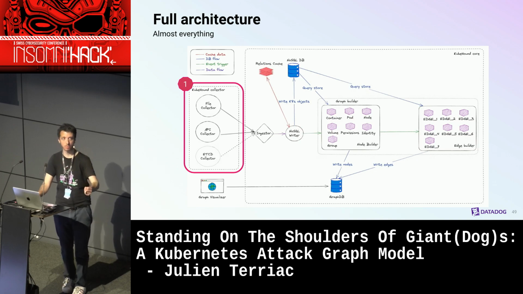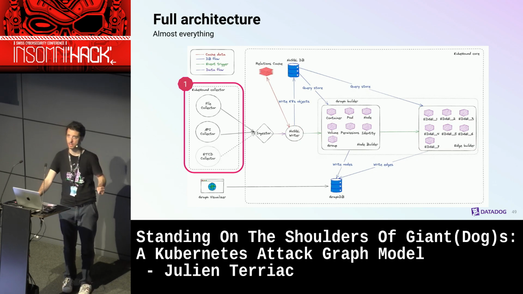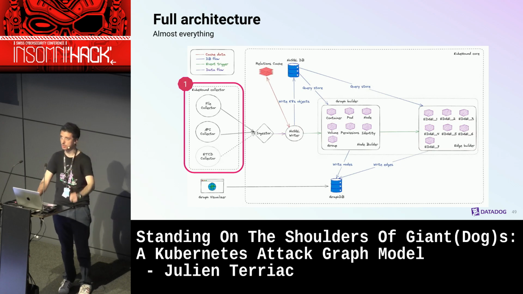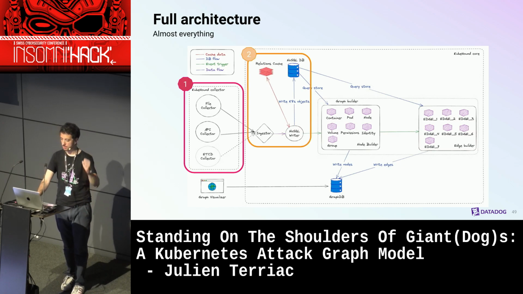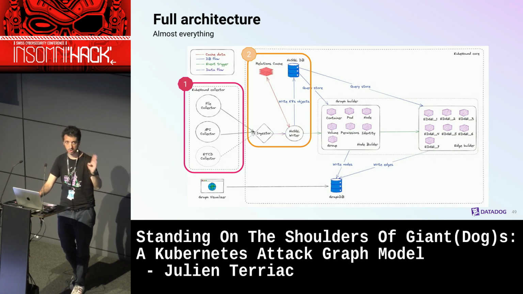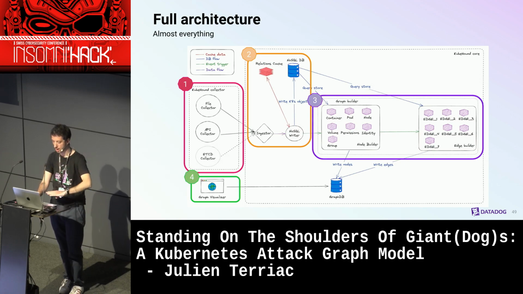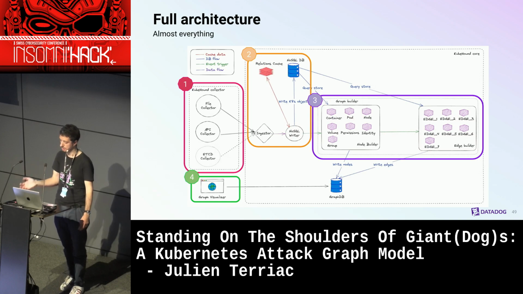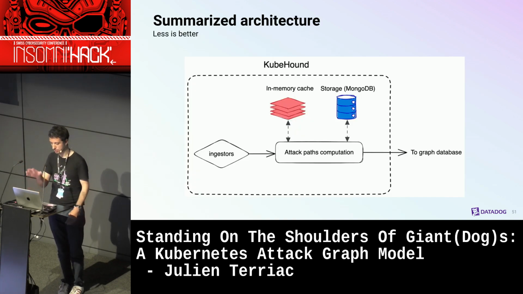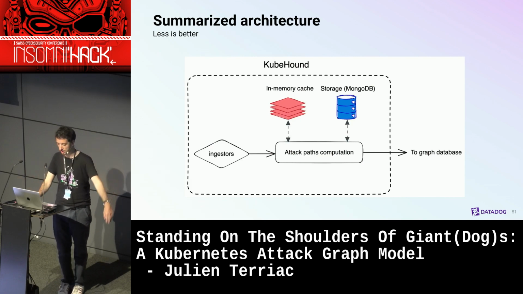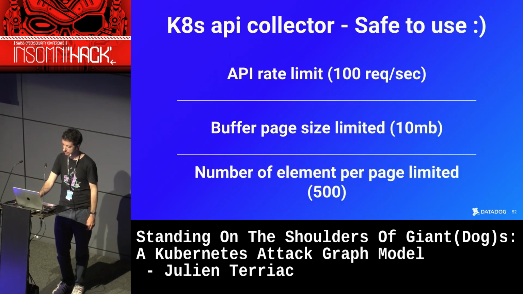Again, we always say you have to hammer it in, I don't know how many times, like 5 times, so it gets into your head. That's the principle here. You get the collector, you ingest it into the DB, from the DB you build the graph, and from the graph you can actually visualize it. So, pretty simple.